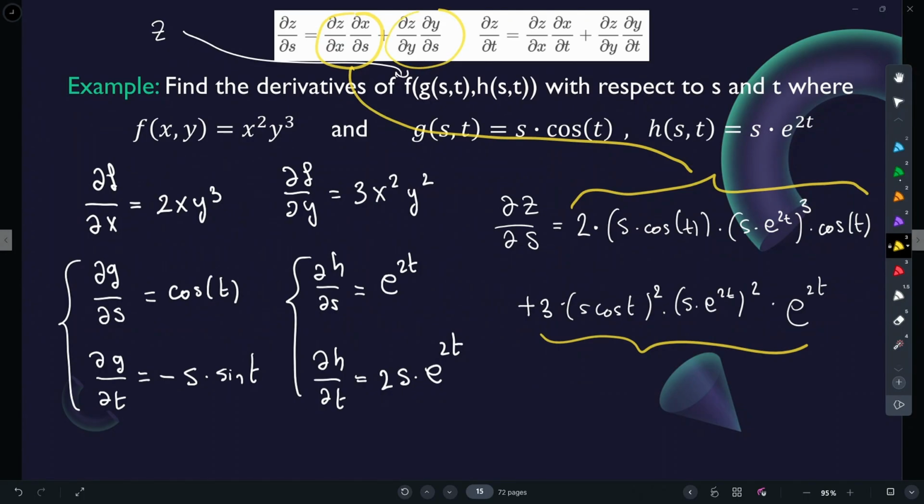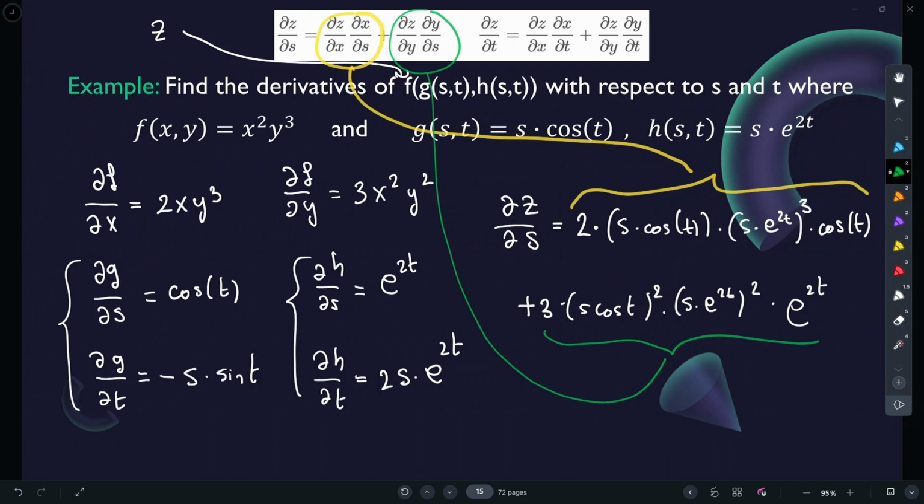Let me maybe do it in a different color. This term here corresponds to this term here. Okay? And that's the answer for one of the derivatives. That's the derivative with respect to s.